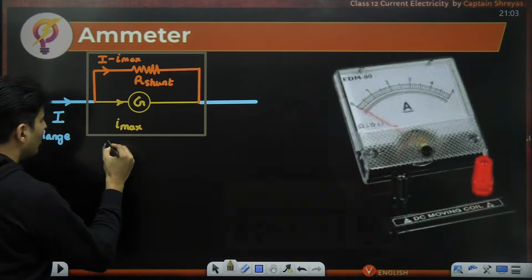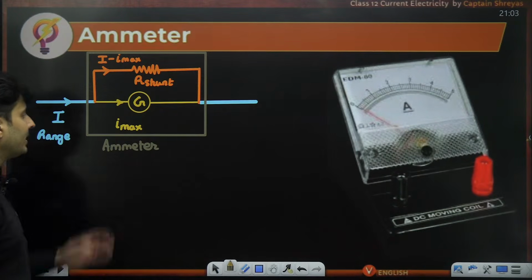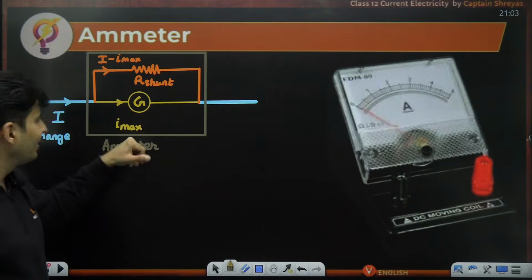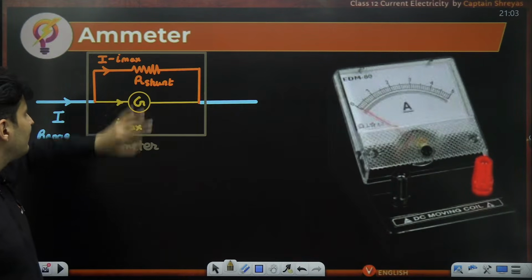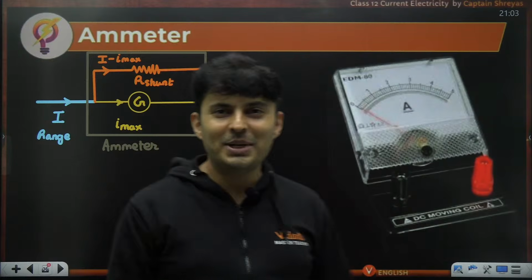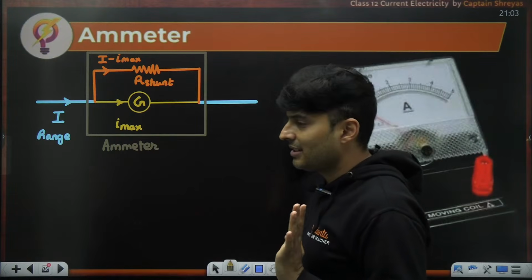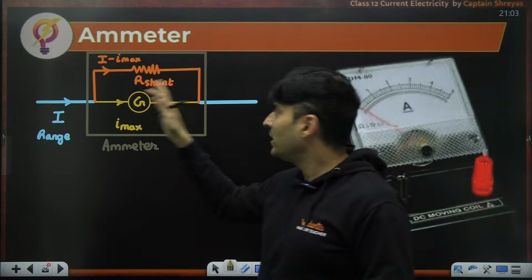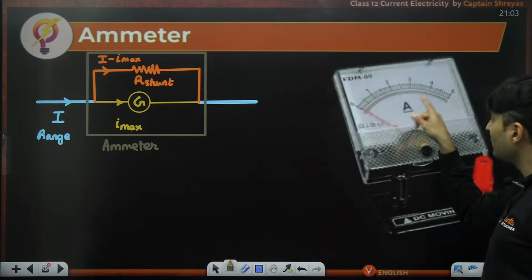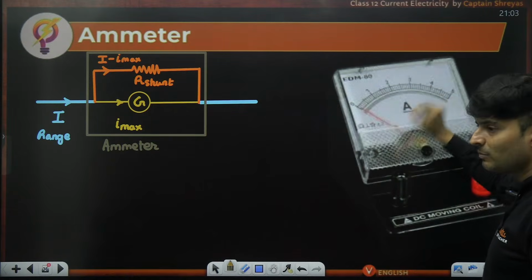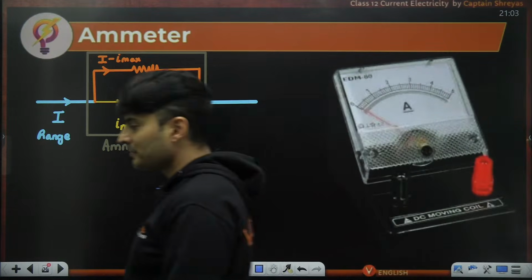So an ammeter is nothing but a galvanometer with a parallel shunt resistance, which is very, very small, so that it can bypass all that current. You erase that G symbol, and inside it, you put a parallel resistance. You can sell it as an ammeter.